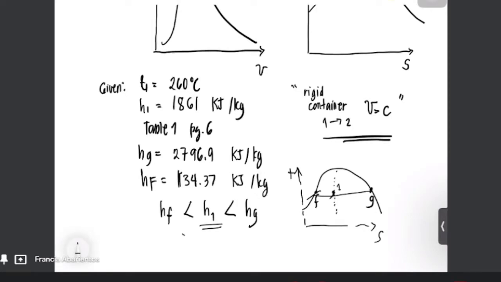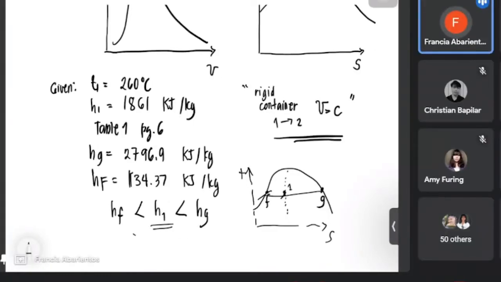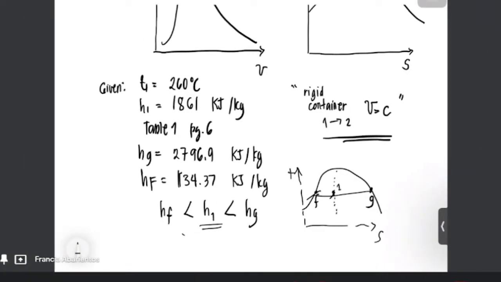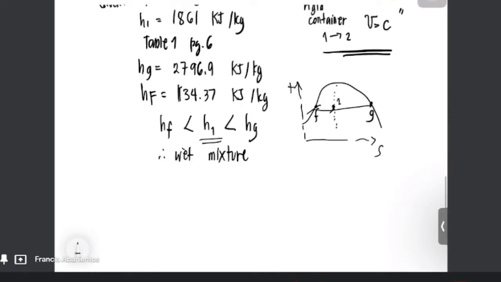So, ano yung gagawin natin? Para makuha natin yung sa point 1, ano class yung gagawin mo? Pag alam mo na siyang wet mixture siya. Ano po yung kaya? Quality po. Yes. Okay. So, kunin na natin yung quality at point 1.